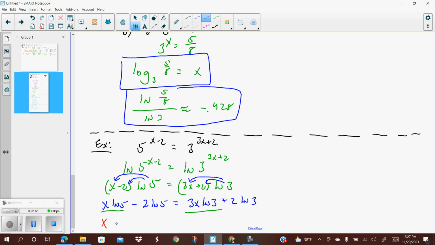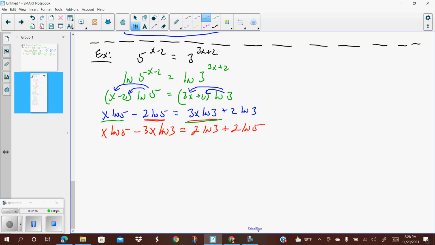So I've got x ln of 5 minus 3x ln of 3. All I do is subtract that term from both sides. I'm going to move this one now to the right. So I've still got the 2 natural log of 3 on the right-hand side, but now I'm going to add 2 natural log of 5.